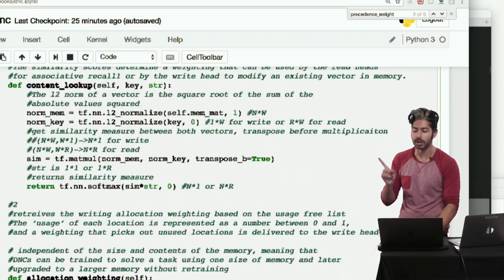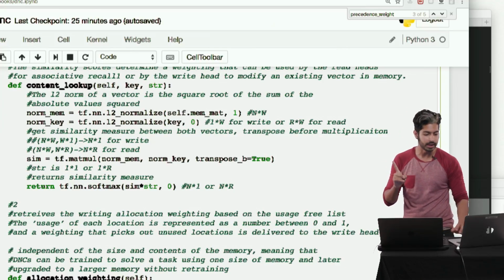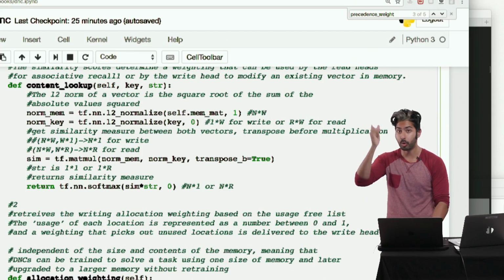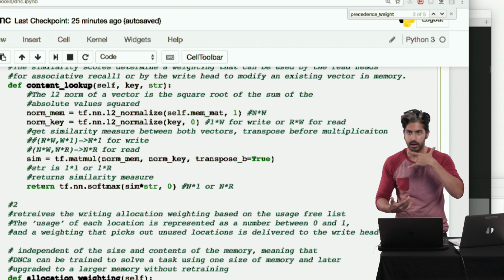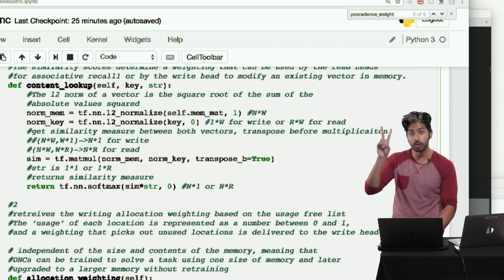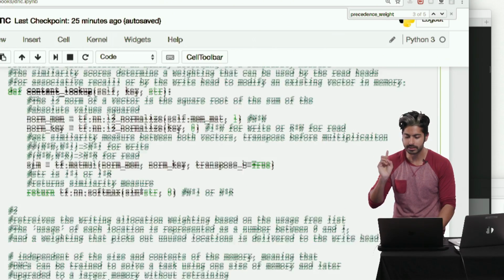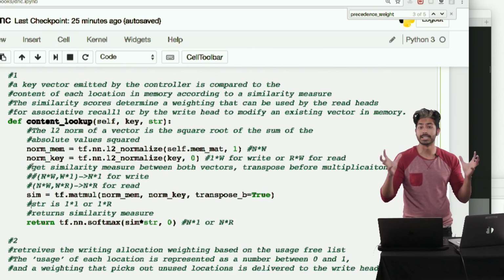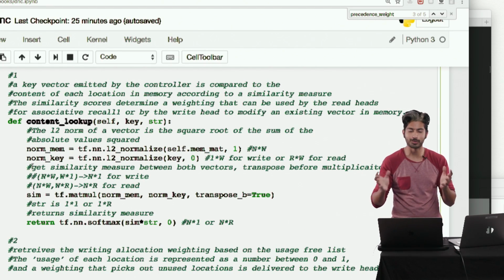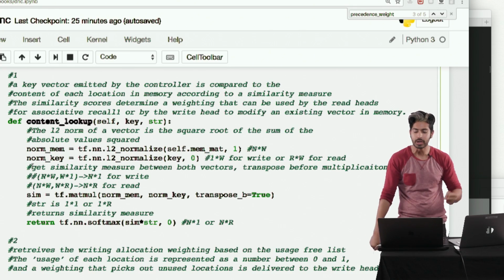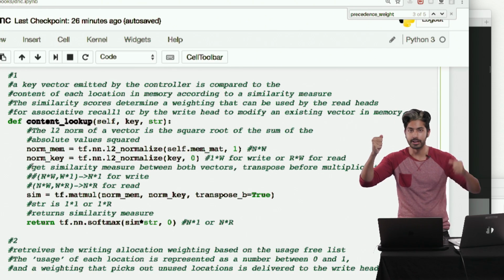So we talked about one of the attention mechanisms, which was the temporal linkage, right? How do we define the order with which we are updating our memory bank? But there are two more attention mechanisms here. The first one is content lookup, right? So remember, it's kind of like recommendation systems. It's kind of like word vectors where we are finding the distance between two vectors. We're doing that with our controller and our memory bank.